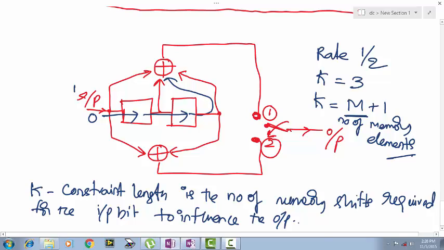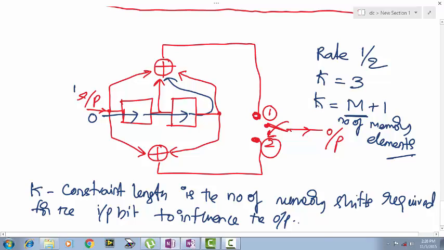So this is the basic structure of a convolutional encoder, and if you look at the structure carefully, the outputs 1 and 2 depend upon the present input as well as the previous inputs also. That means in this case the outputs depend upon the present input as well as the last K minus 1 inputs also.